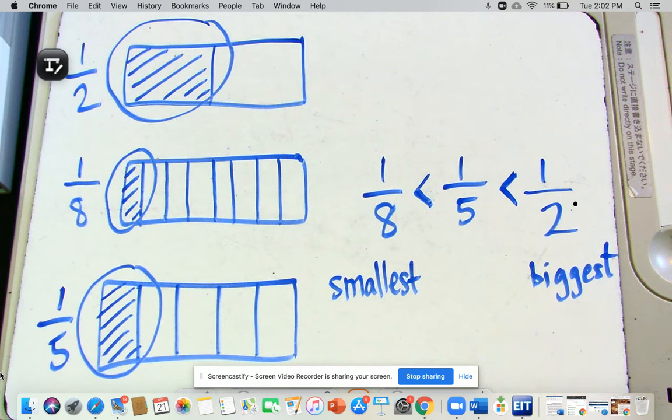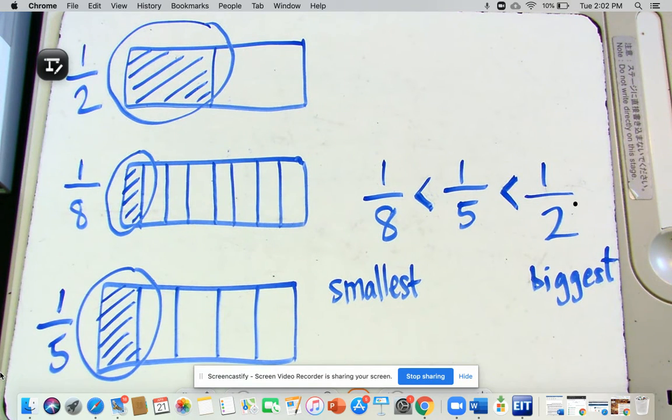And this will work with any shape. You could also do circles or squares. I find rectangles to be helpful with this. Now, if you were in school, I would have you all coloring some fraction bars. And let me show you what they would look like.